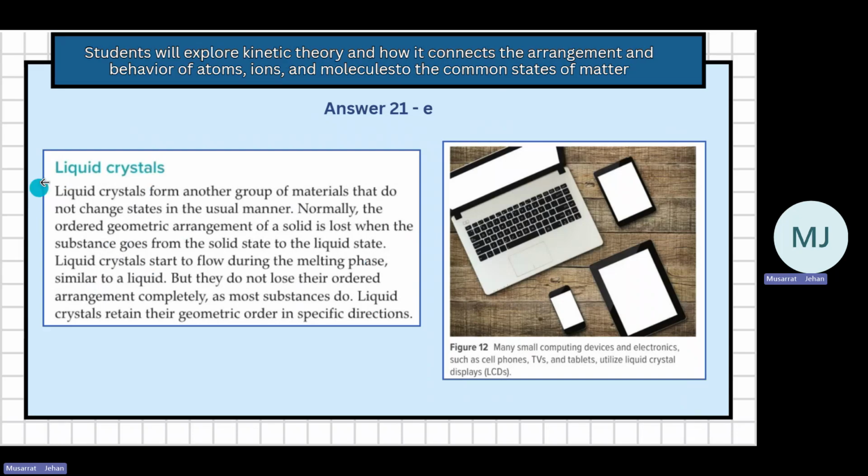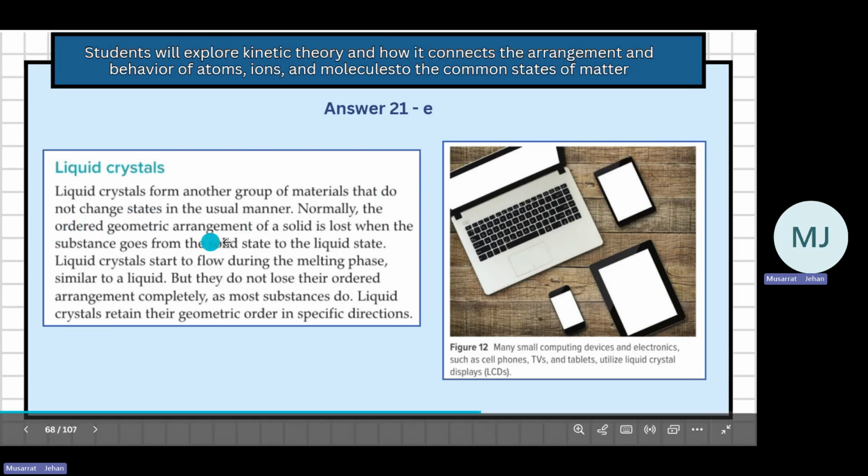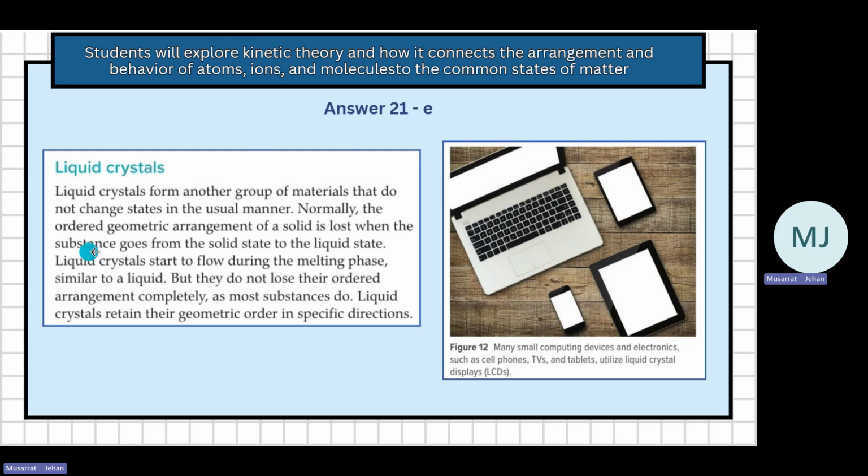Then the other class of substances is liquid crystals. Liquid crystals are another group of materials that do not change states in the usual manner. The ordered geometric arrangement of a solid is lost when the substance goes from a solid state to liquid. Normally it gets lost. But in liquid crystals, they start to flow during the melting phase like a liquid, but they do not lose their ordered arrangement.